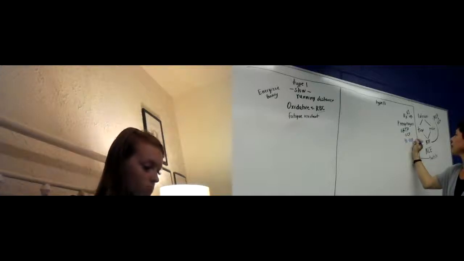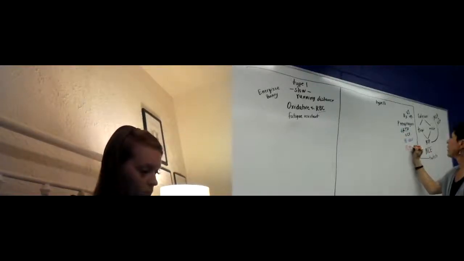Now, think about this. Let's talk about maximum power percentage. What percentage range does the phosphagen system work in? 90 to 100%. Okay? Now, basically, how long does that system last? 0 to 6 seconds.